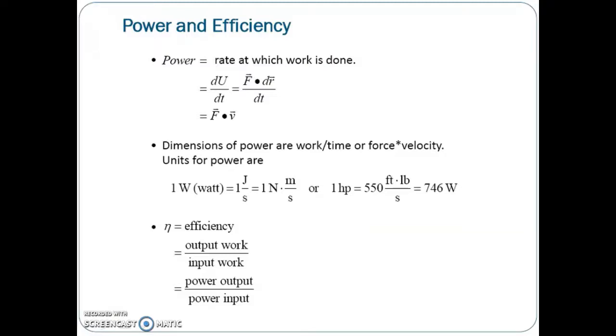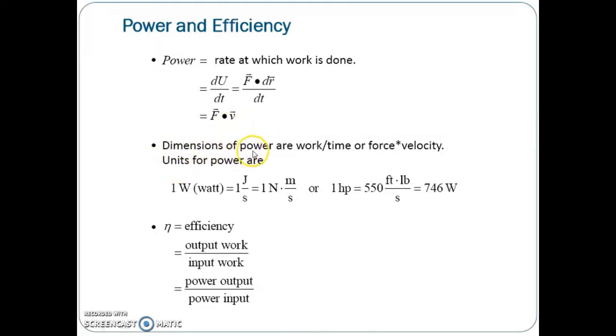Next, power and efficiency. Power is defined as the time rate at which work is done. So power is equal to dU/dt, and we know that dU is F dot dr. So the power is F dot dr/dt, and dr/dt is the velocity. So we can also determine our power as F dot v, the dot product of the force and the velocity.